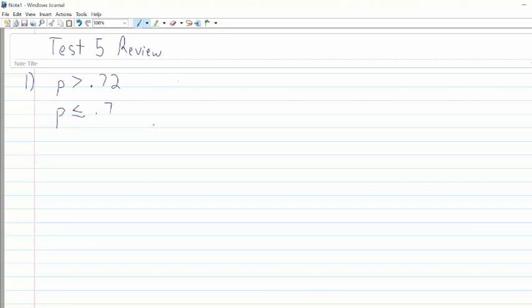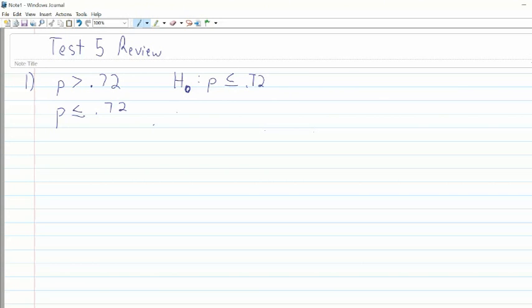Now, you take these two, the one that has an equal to sign in it is going to be your null hypothesis. That's your H sub O. That's how we denote the null hypothesis. So it's H sub O, and this colon just means where P is less than or equal to 0.72.